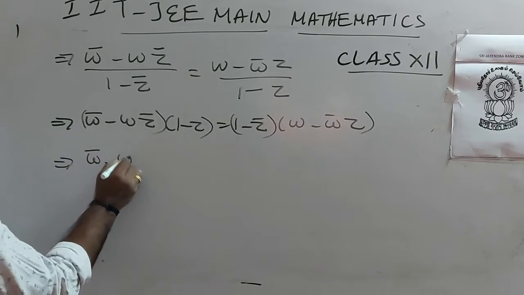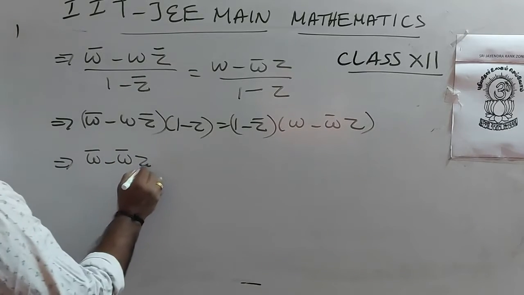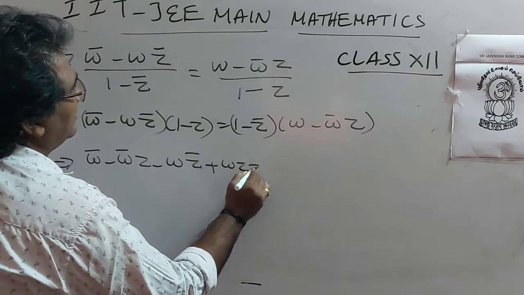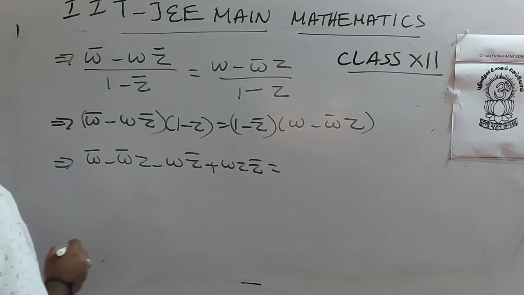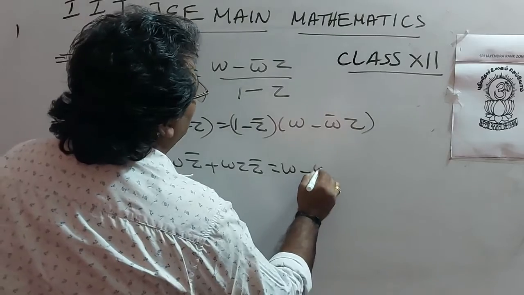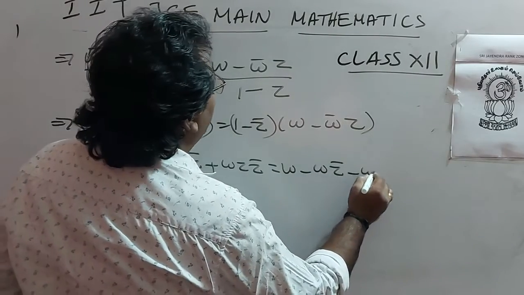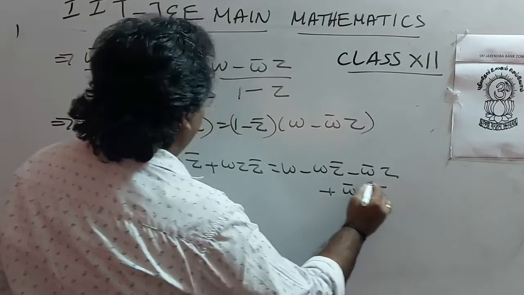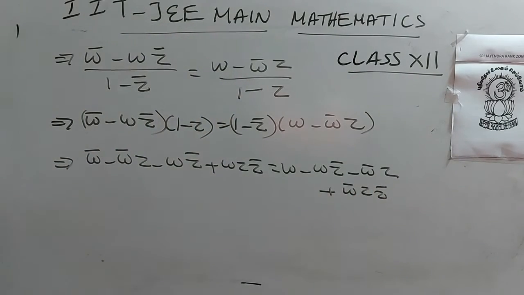Omega bar minus omega bar z minus omega z bar plus omega z bar equal to omega minus omega z bar minus omega bar z plus omega bar z bar.